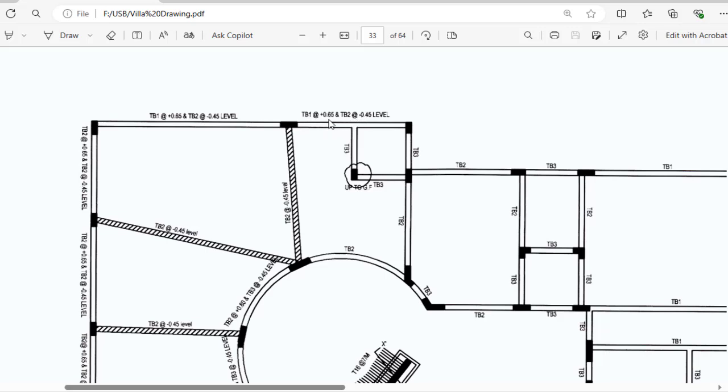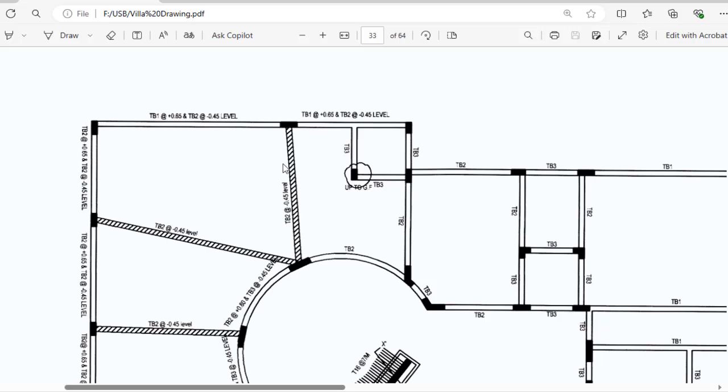How will you find this level? First of all, you will shift your benchmark, as I discussed in the previous videos. Once you shift your benchmark using your level machine, then you will determine the levels for these two tie beams. After that you will construct these two tie beams, one up, one down.